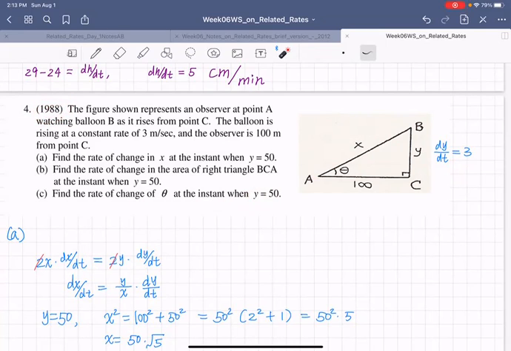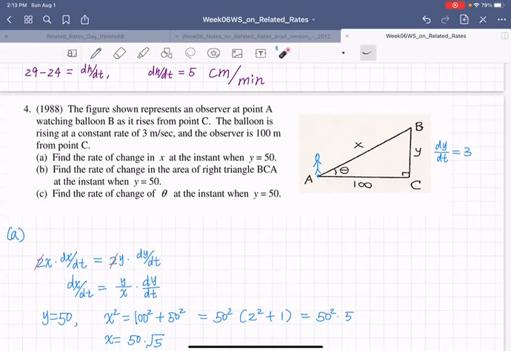First, we see this figure, and then we start to analyze the sentence. This figure shows an observer at point A watching the balloon. So this is a person. Here we can draw a small person. I don't draw it very well, not like many students here who can do a really nice sketch.